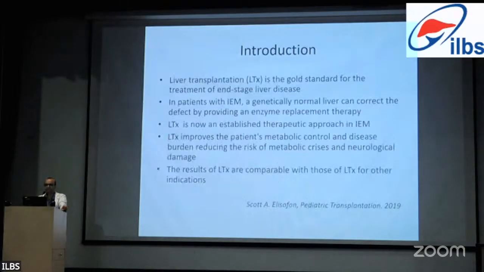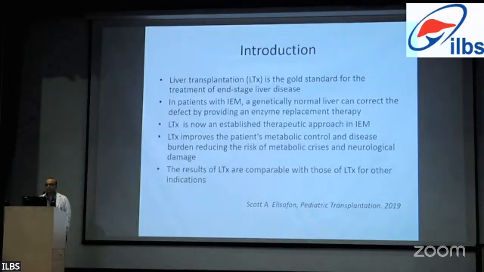Liver transplantation is, as all of us know, the gold standard for the treatment of end-stage liver disease, and for select patients of HCC and ALF. In patients with inborn errors of metabolism, a genetically normal liver can correct the defect by providing a lifelong enzyme replacement therapy. LTX, liver transplant, is not an established therapeutic approach in these patients, but there are many dynamic changes associated with it.